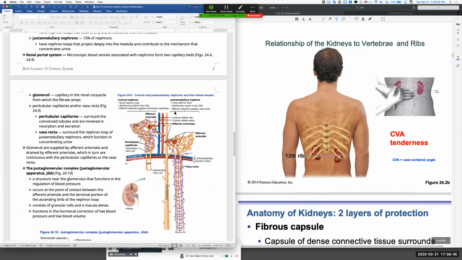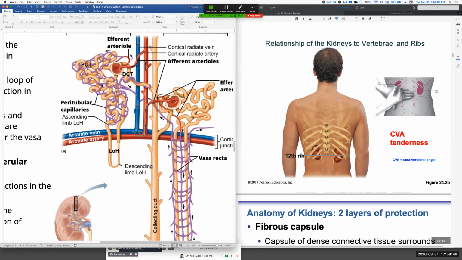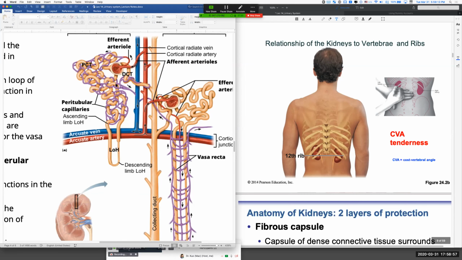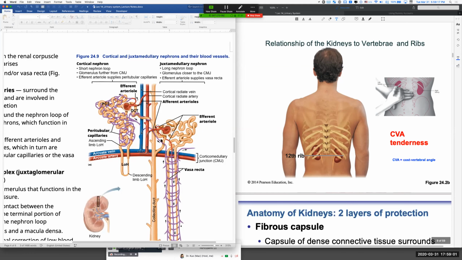But here's another schematic for peritubular capillaries. These are capillaries that wrap around the structures, renal tubules. And after that, these vessels can drain their blood into either vasa recta, or it can drain directly into these cortical radiate veins.